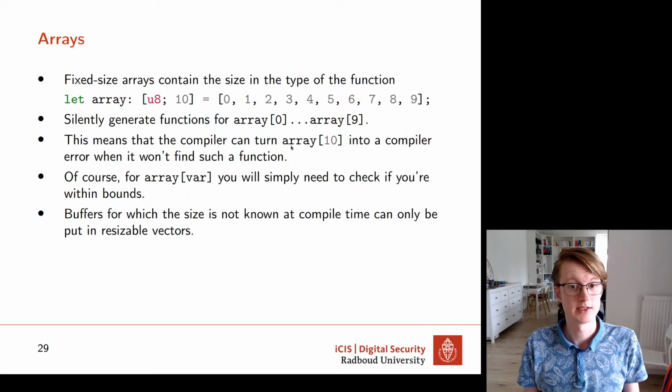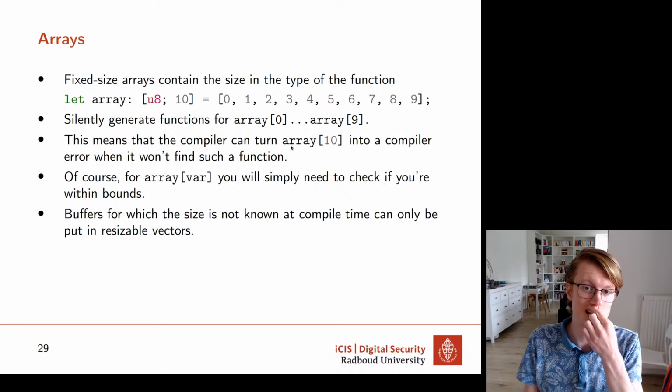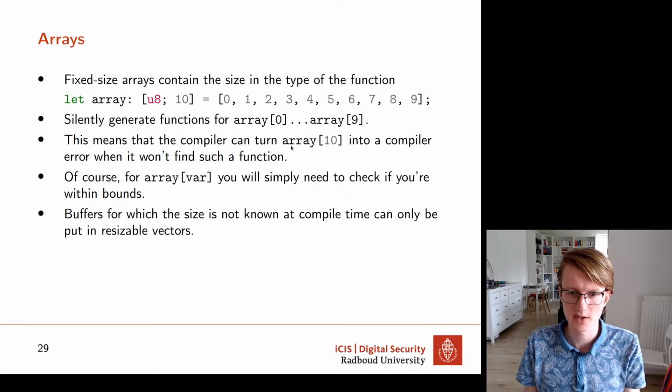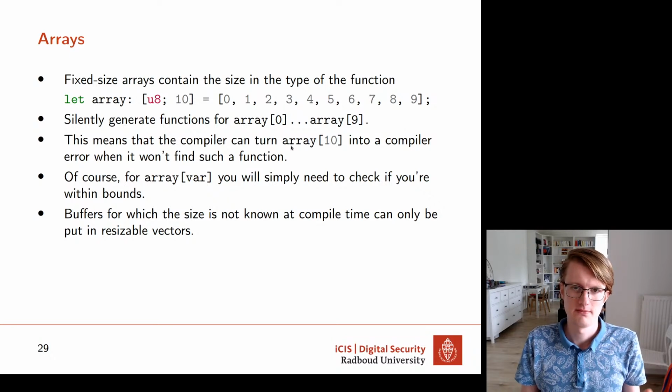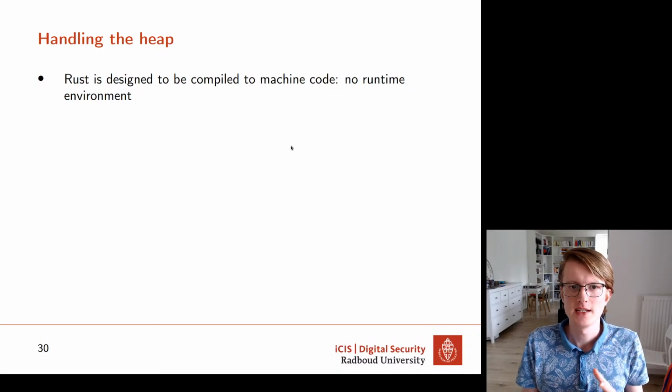Buffers for which the size is not known at compile time, Rust only allows those to be put in resizable vectors. Then this is the stack. The stack is somewhat easy because it starts somewhere and then you can just manage it by the stack pointer. The heap is trickier.